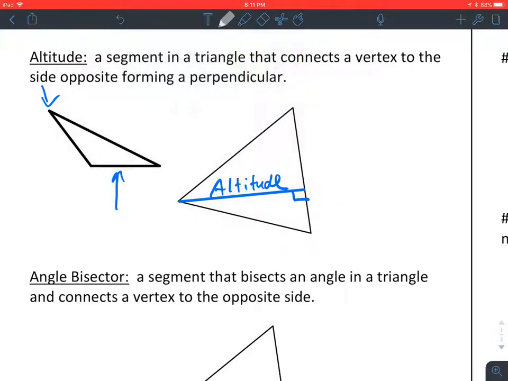For that to happen, we have to draw an auxiliary line, which is an extension of an existing line in our triangle. So then, the altitude in this would be this segment here, which is not actually inside the triangle.